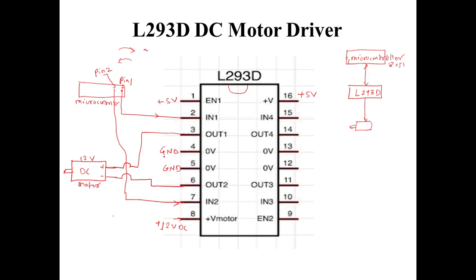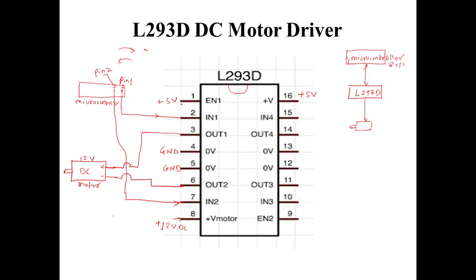I'll explain it again. From pin number 1, supply will be given to the first input. From pin number 2, the supply will be given to the second input. And there are two outputs again. The output at pin number 3 I'll give to one terminal of the DC motor, and the second terminal of the DC motor will be given to pin number 6 of L293D.